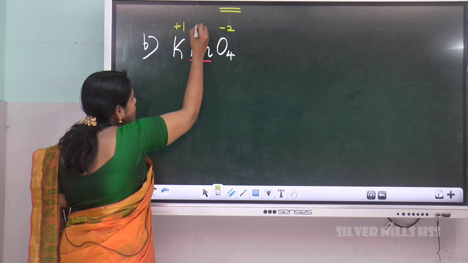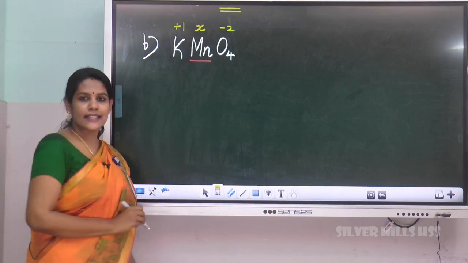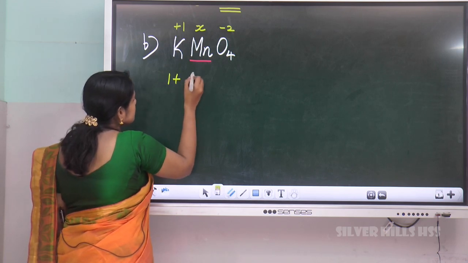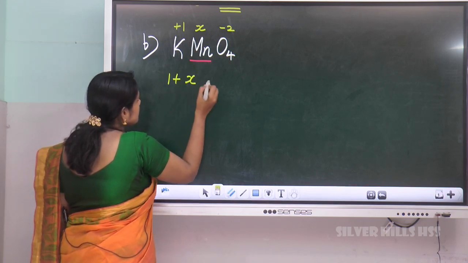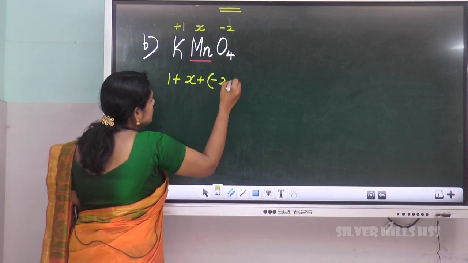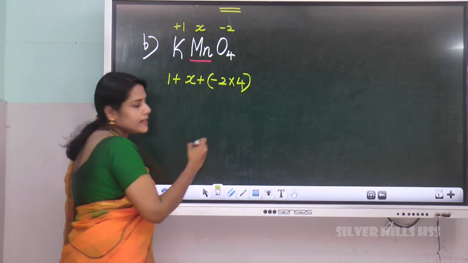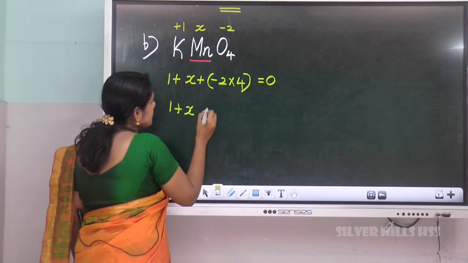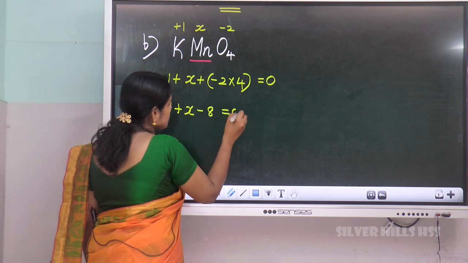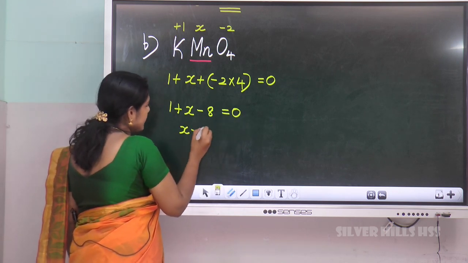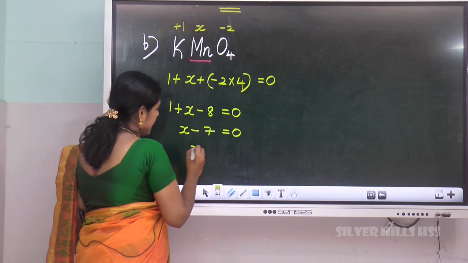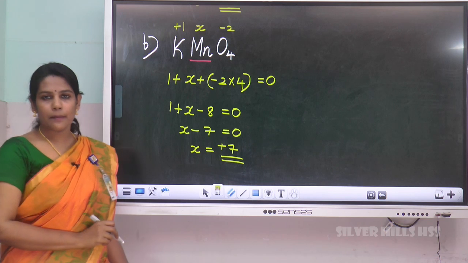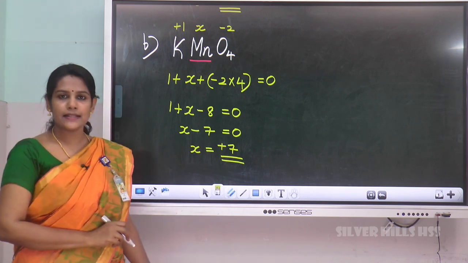We don't know the oxidation number for manganese, so we will take it as X. Now let us calculate. 1 plus X plus -2 into 4, we have 4 oxygen atoms here, is equal to 0. So 1 plus X minus 8 is equal to 0. Then X minus 7 is equal to 0 and X is equal to +7. So the oxidation number of manganese is +7.